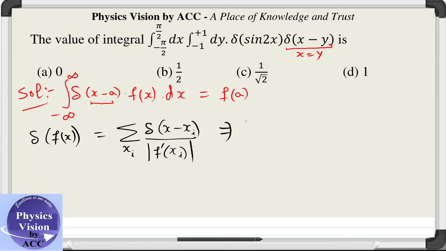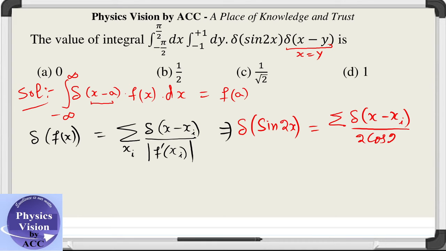We get the delta of sine 2x is equal to the summation of delta x minus xi divided by mod of 2 cos 2xi. Okay, and what are the xi's? xi is equal to plus minus n pi by 2.